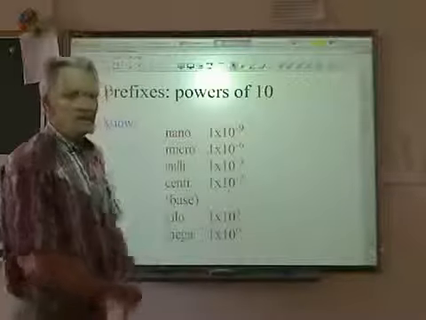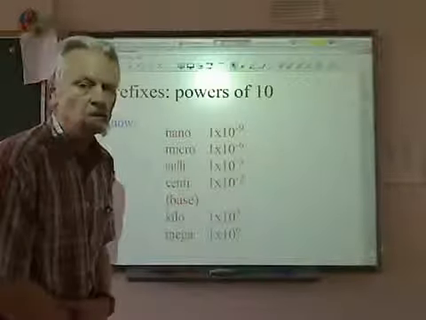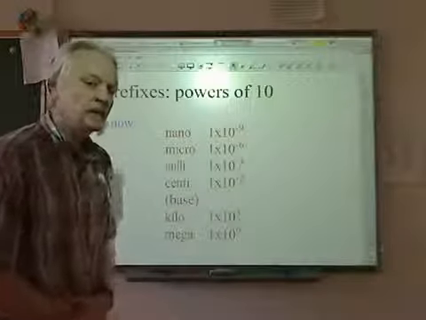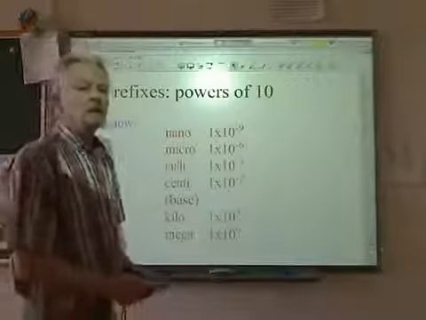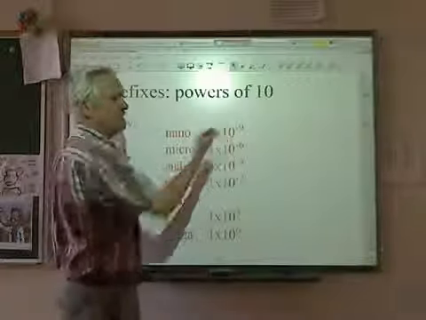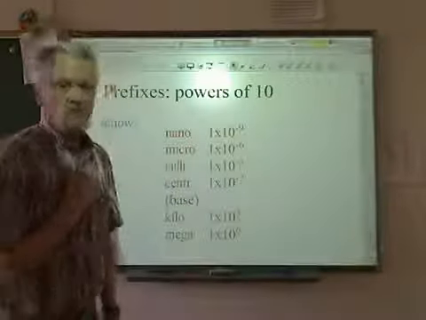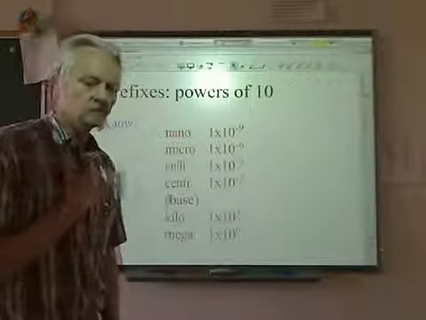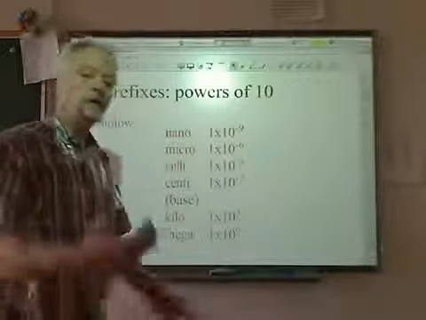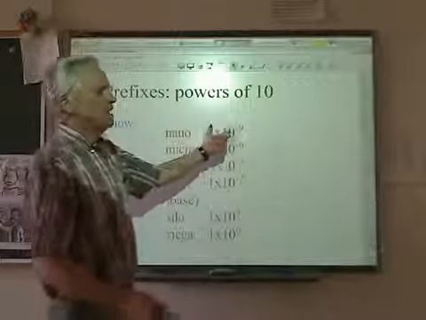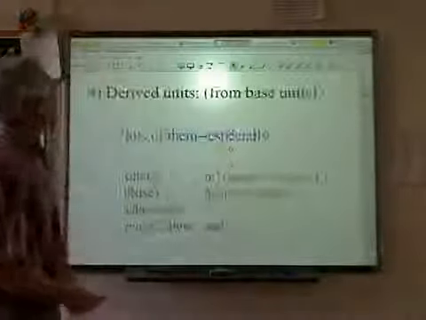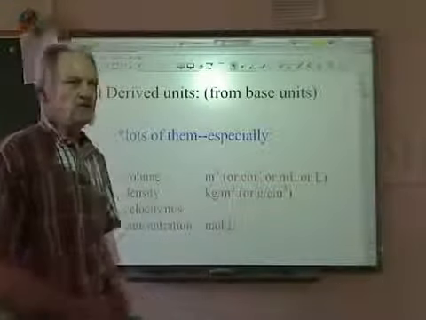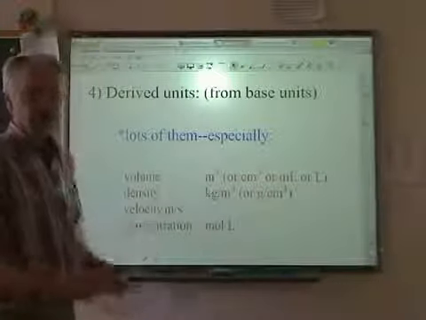But milli, micro, and nano refer to increasingly smaller and smaller units, so that one, if you want to think about it that way, gram would be essentially 1 times 10 to the 9 nanograms, or 1 nanogram, 0.000000001 grams, 1 times 10 to the minus 9. We'll also be dealing with a whole bunch of derived units, and all this means is that we use our base units in order to get new units.